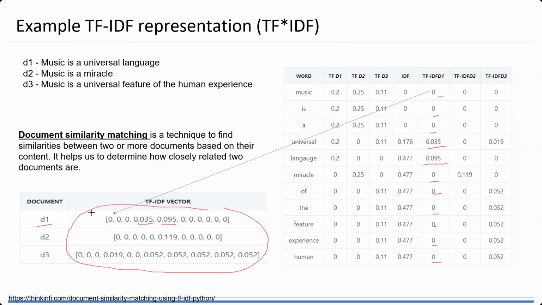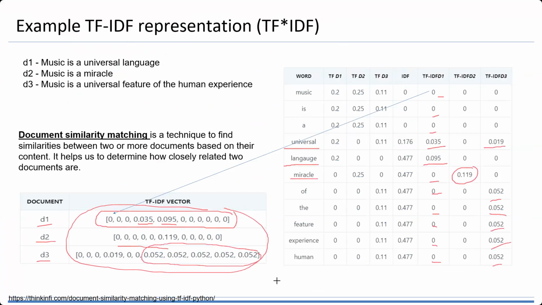So in document 1, we can see there is a specific word about universal and language that is important. In document 2, we have miracle as a distinct word. And in document 3, we have universal, feature, experience, human. Those are the distinct words in document 3.